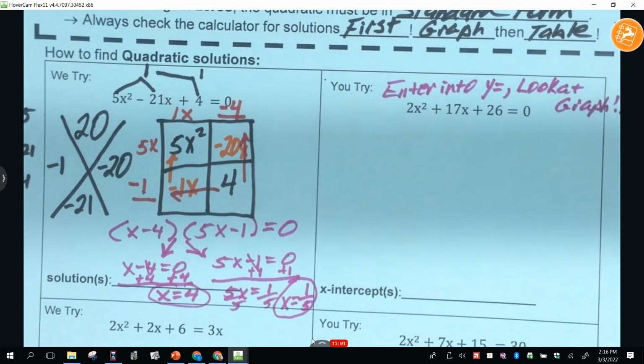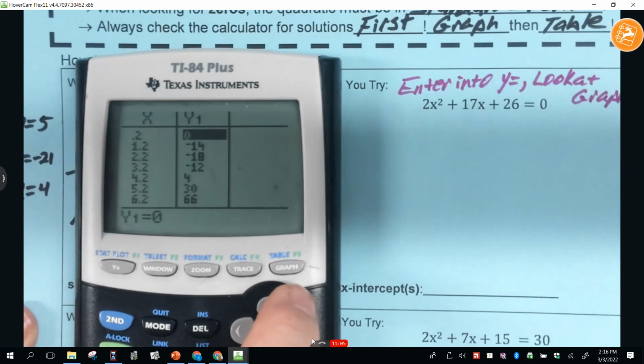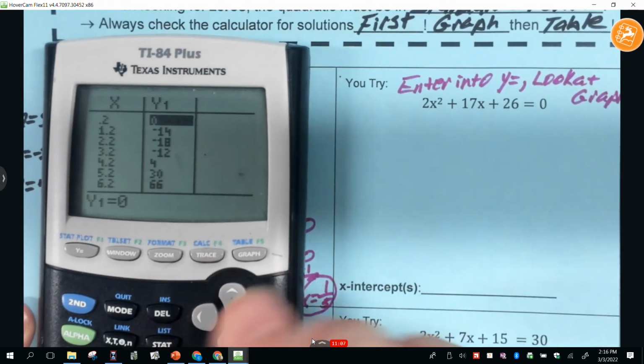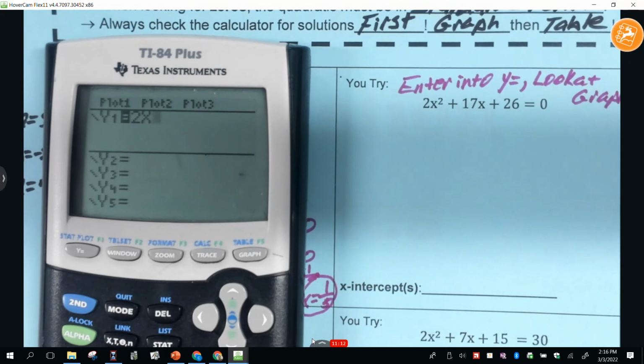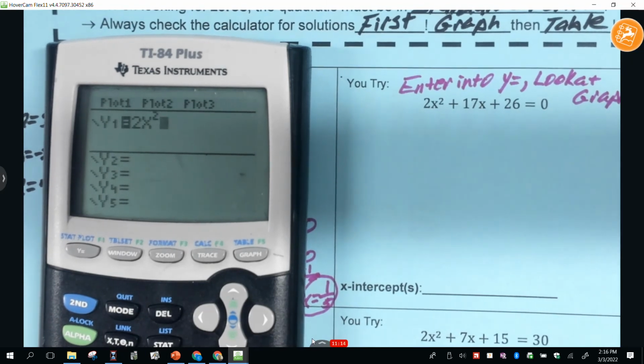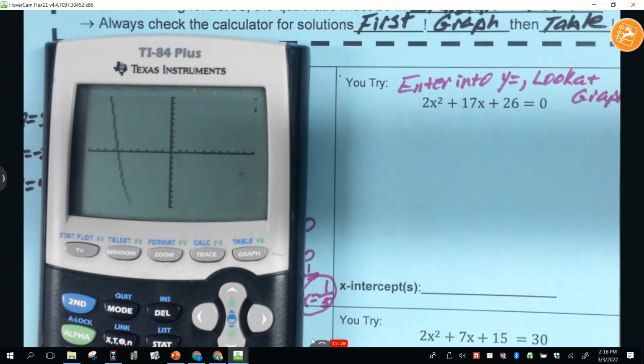Okay, all right, so I'm going to enter this into the calculator. So I'll go y equals, so this is going to be 2x squared, and this is going to be plus 17x, and this will be plus 26. So now I look at the graph here.